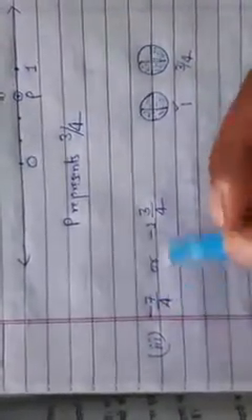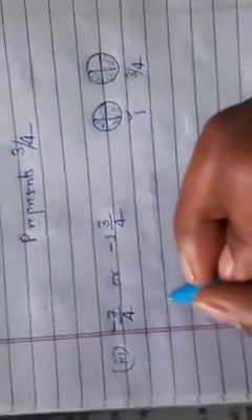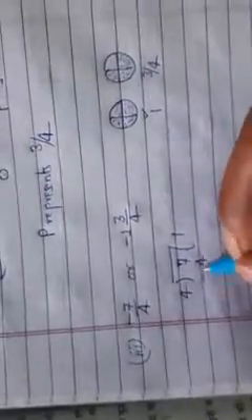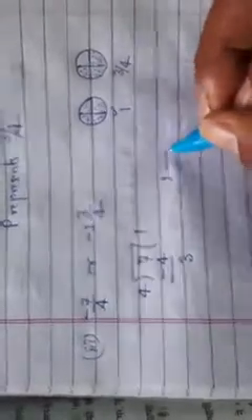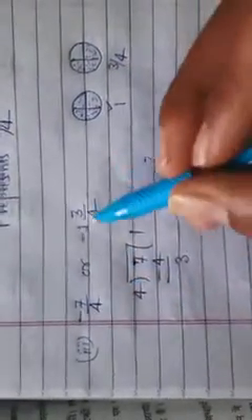So minus 7 upon 4 can be written as minus 1 and 3 by 4. Or when we divide 7 by 4, 4 times 1 is 4, subtracting, we get 3. The quotient is 1, the remainder is 3 and the divisor is 4. So minus 7 upon 4 can be written as minus 1 and 3 by 4.